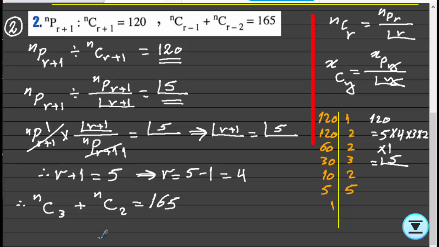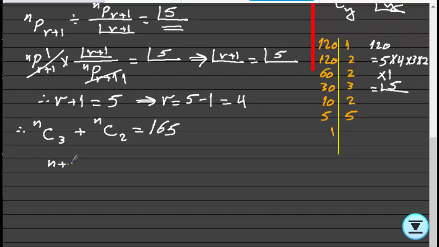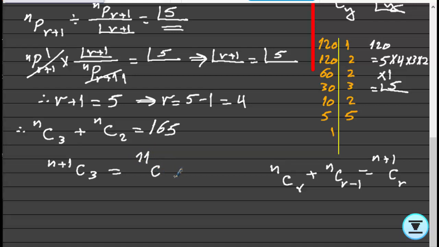Now we use the addition rule. nC3 plus nC2 it is equal n plus 1 C3, okay, as nCr plus nCr minus 1 equals n plus 1 Cr, okay, equals 165. 165 in the form of combination, it will be 11C3.